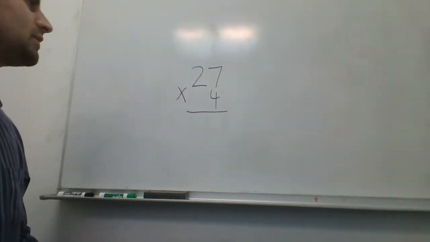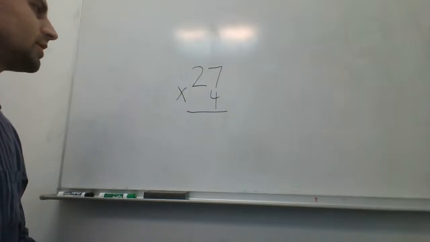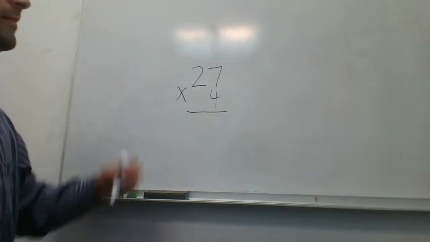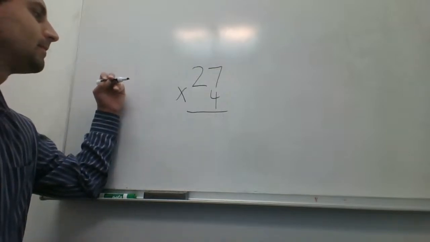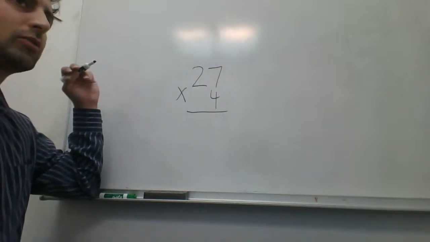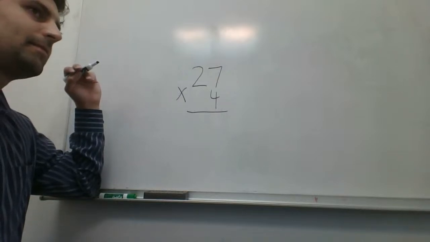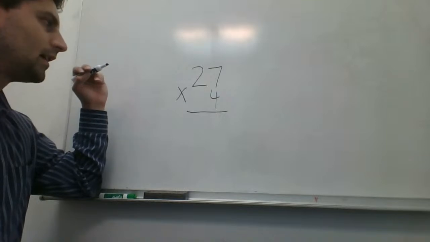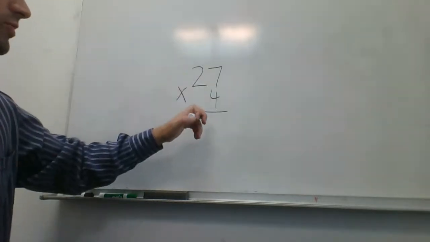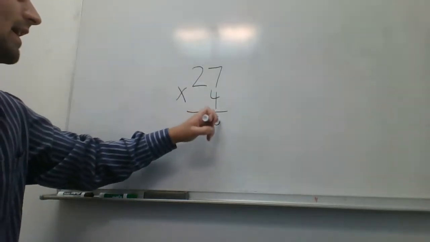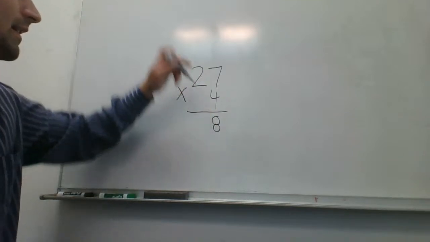All right, 27 times 4. So what I'm going to do first is I'm going to multiply the digit in the ones place. 7 times 4 equals 28. So 8. Carry the 2.